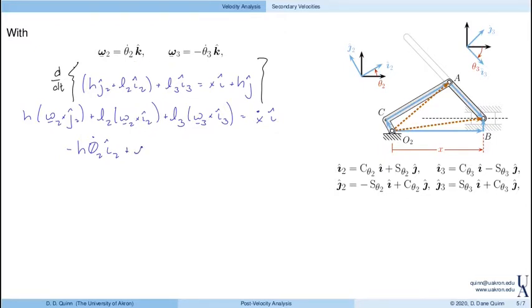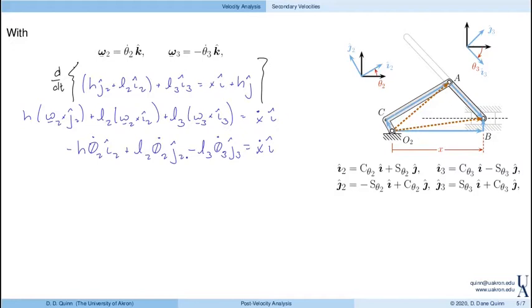So we get plus L2 theta 2 dot in the J2 direction. Here we have minus theta 3 dot k cross I. So that's minus L3 theta 3 dot in the J3 direction equals x dot in the I direction. So these are our velocity equations, right? This is a vector equation. It's got two scalar components.